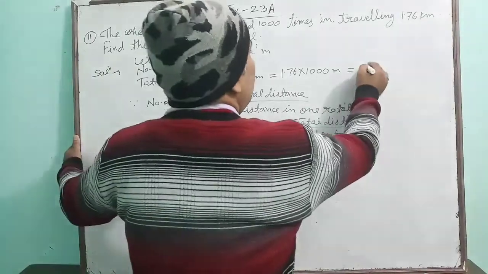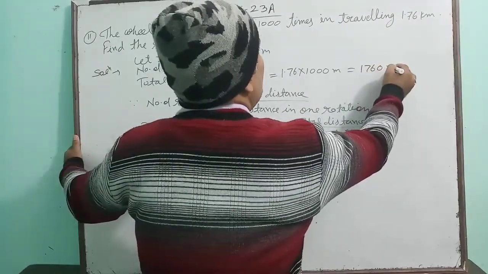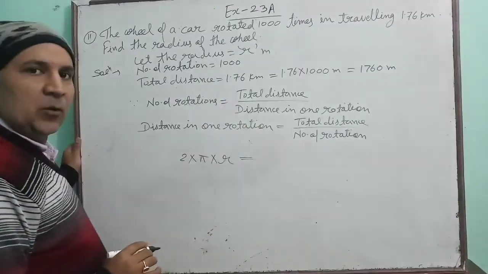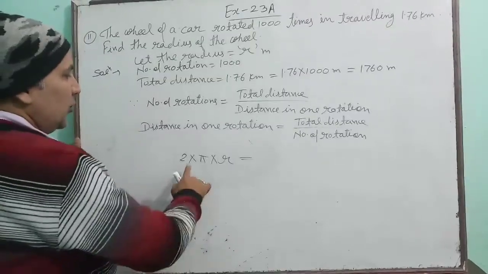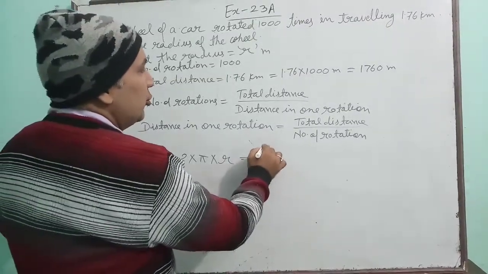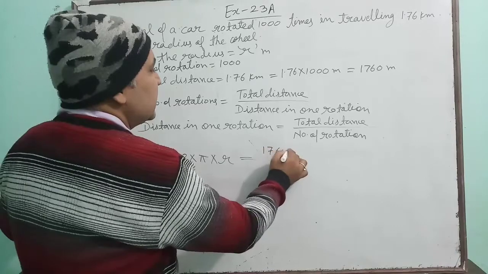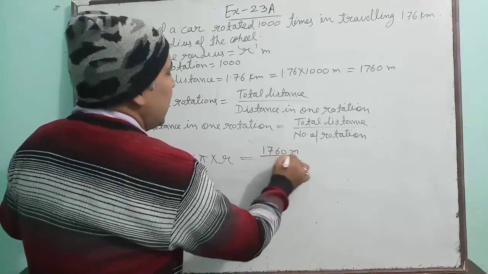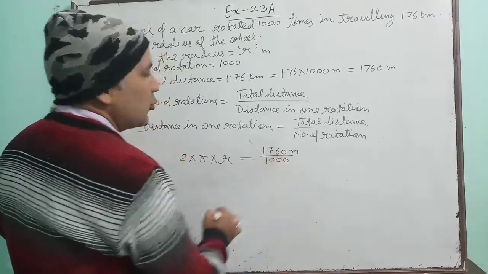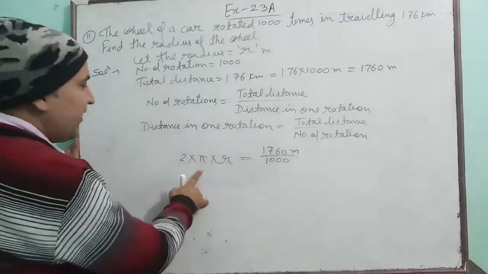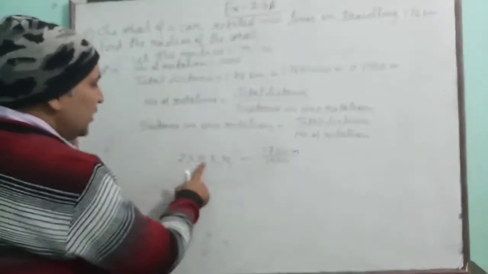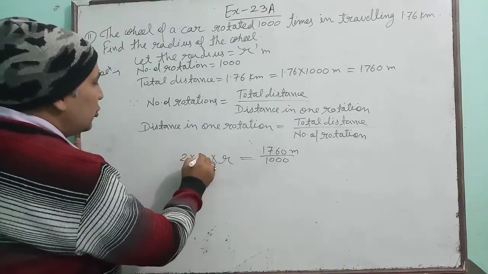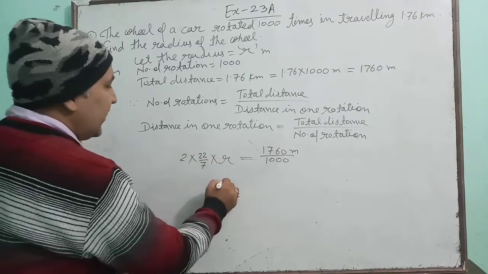That means 1760 meter. Okay. Now put the value here. Total distance is 1760 meter upon 1000. Put the value of pi also. We know that pi is equal to 22 by 7.